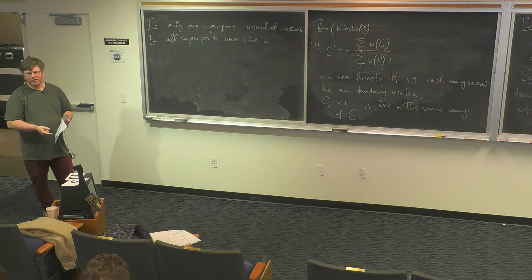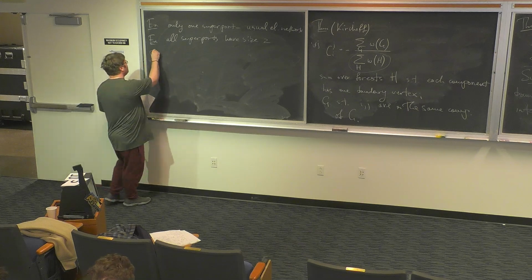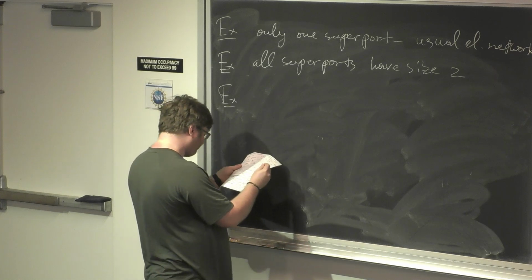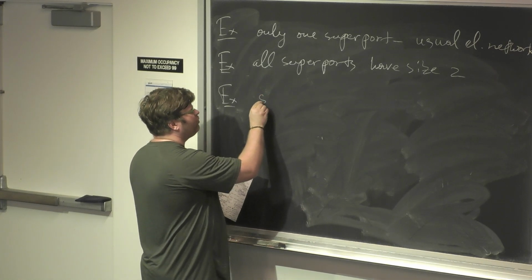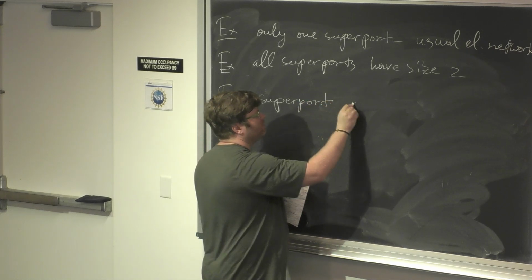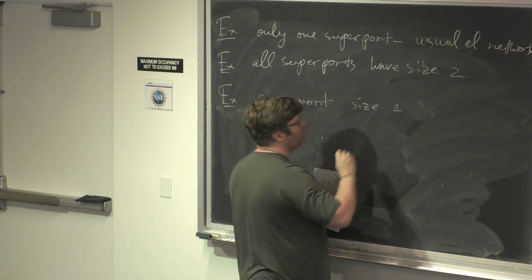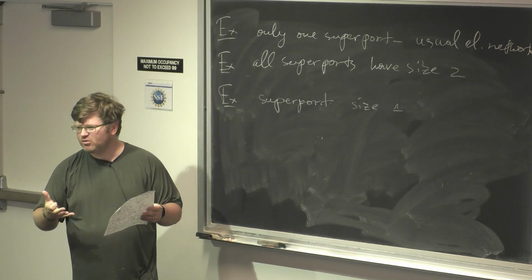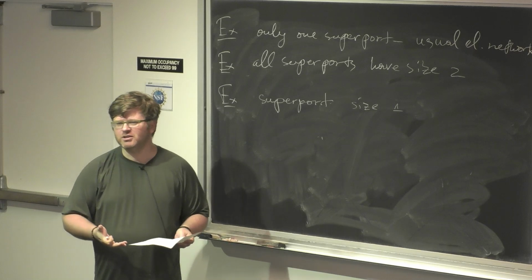Anything else? Now the third very special case is the one Rick mentioned. When a superport has size 1, it just means the total current through the sink has to be 0, which makes it just an internal vertex. That's it.